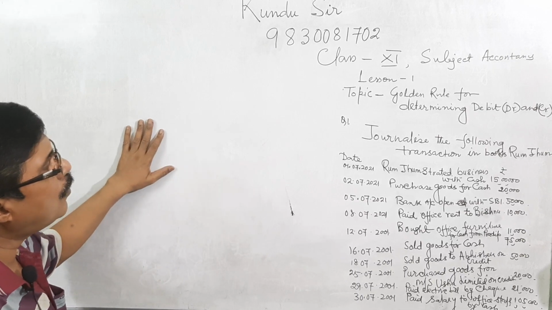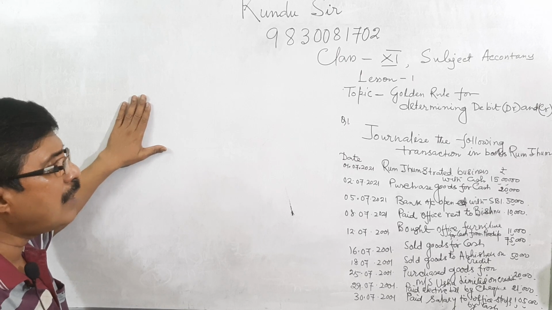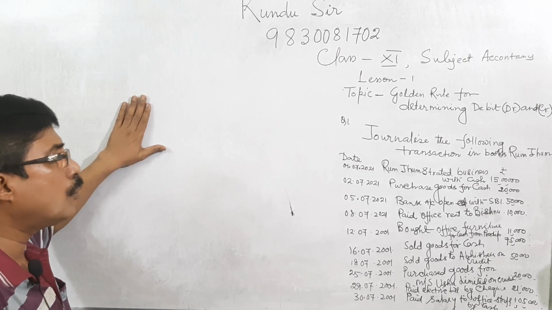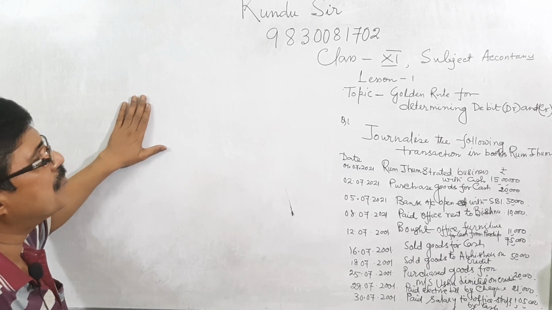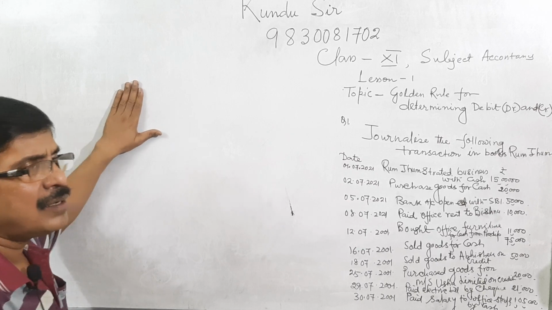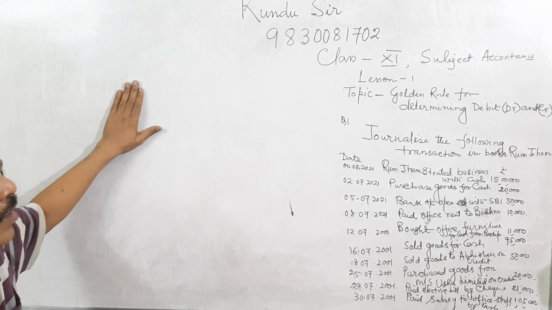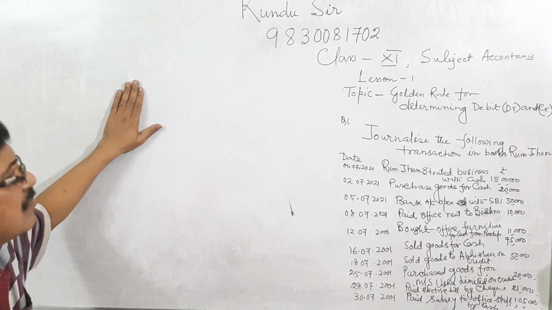If we know it, then it will be very easy to learn or to do journal entries. So first of all, I am going to write here the golden rule, and the rule is related to determining the debit and credit of a transaction.